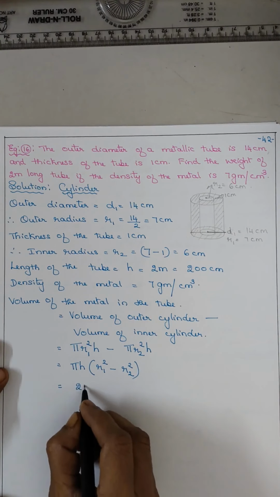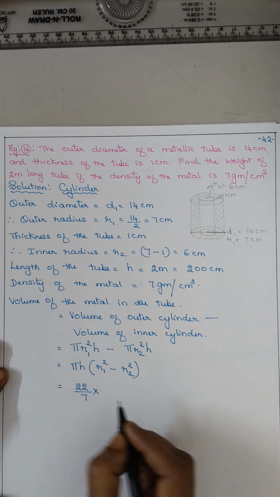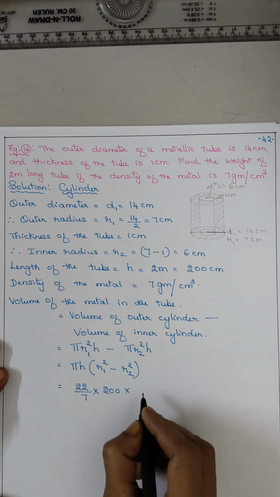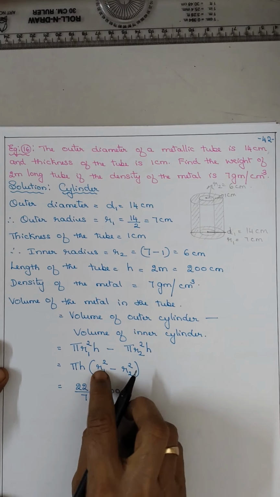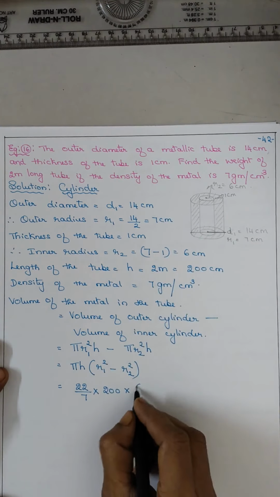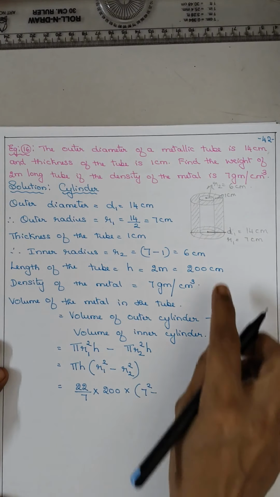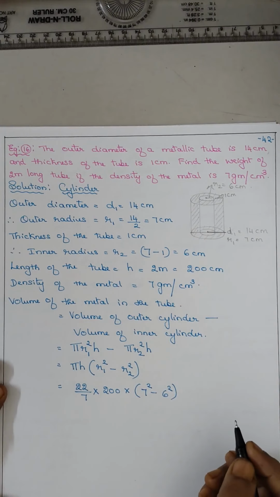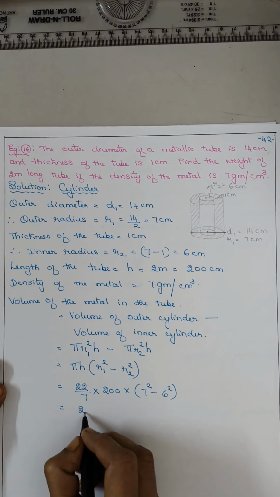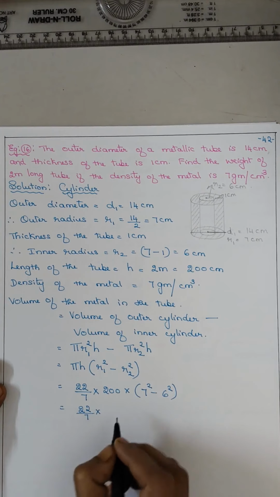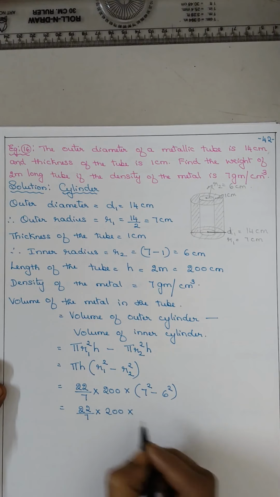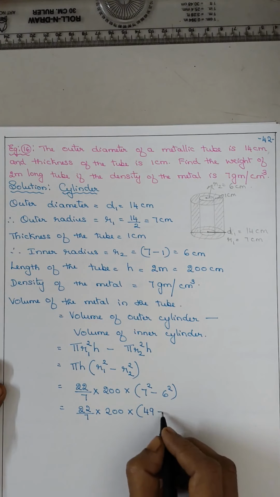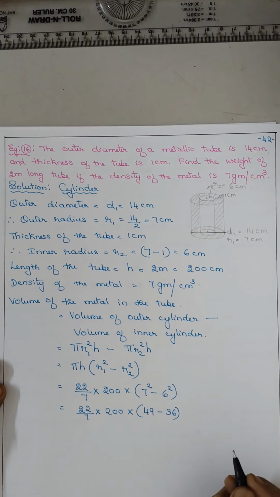Now put the values. Pi is 22 by 7, h is how much? 200, into r1 is how much? 7 square minus r2 is 6 square. So you get 22 by 7 into 200 into, 7 square is 49, 49 minus 36.